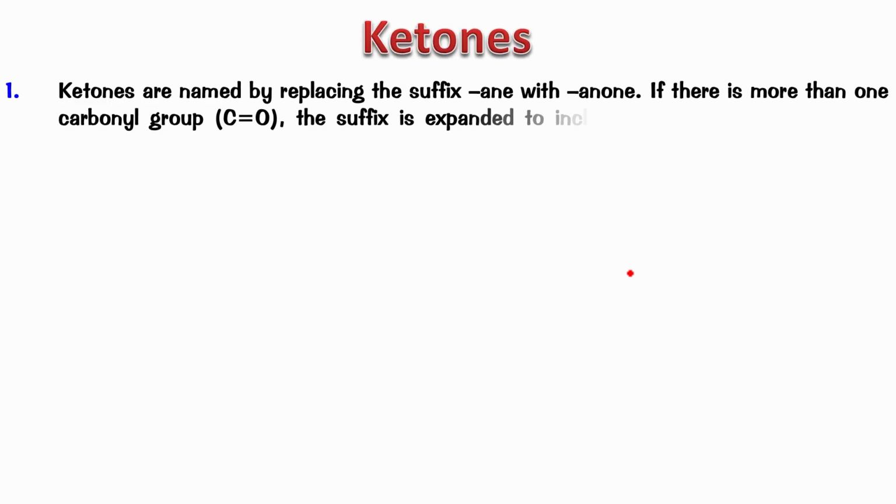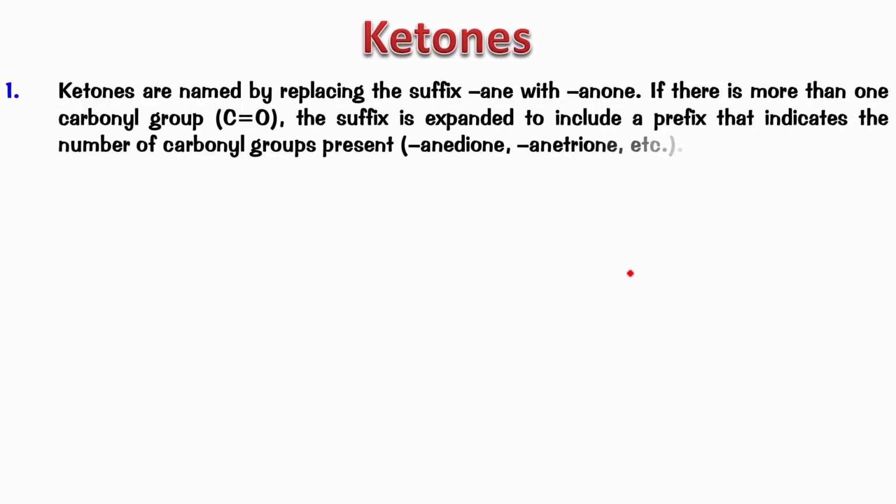If there is more than one carbonyl group, the suffix is expanded to include a prefix that indicates the number of carbonyl groups present. Ane dione, ane trione. Remember, we are not missing out on this E, whereas here the E was excluded.